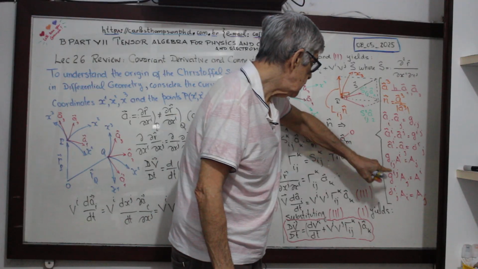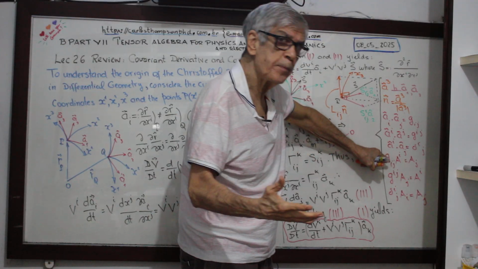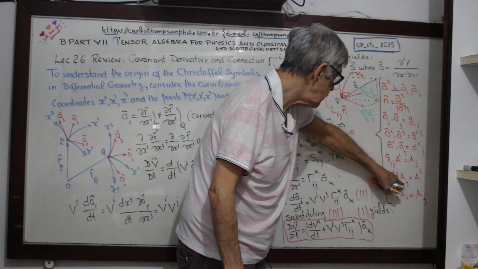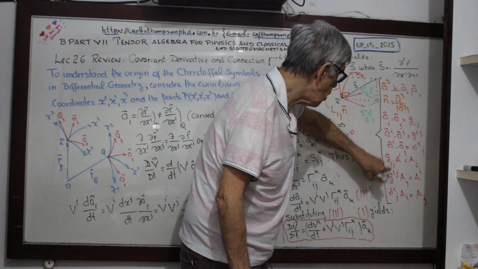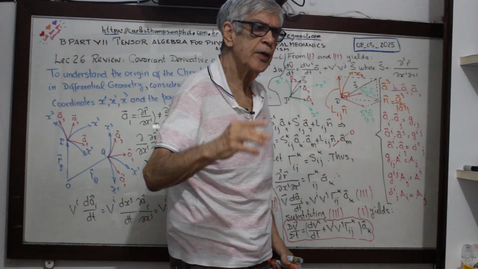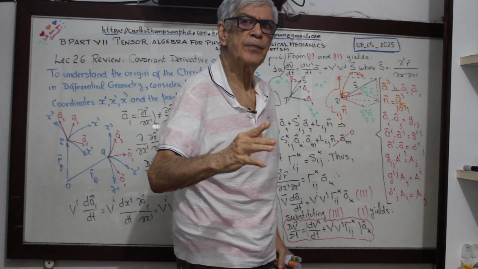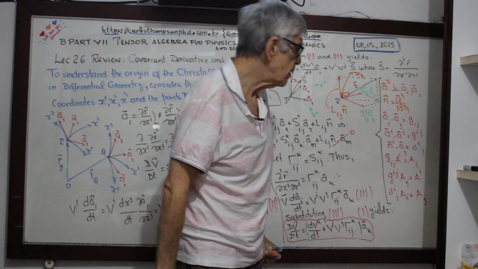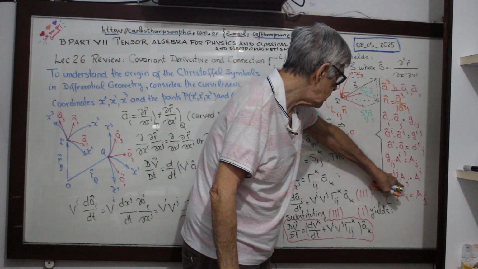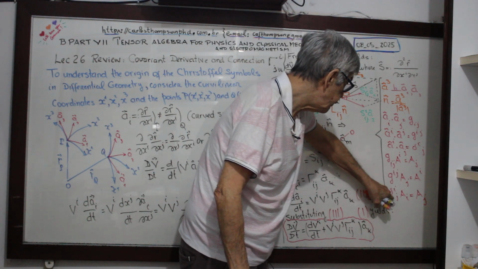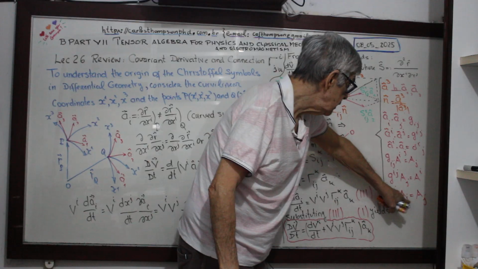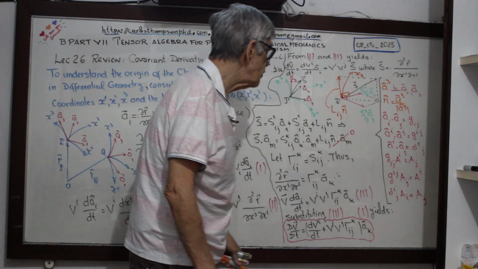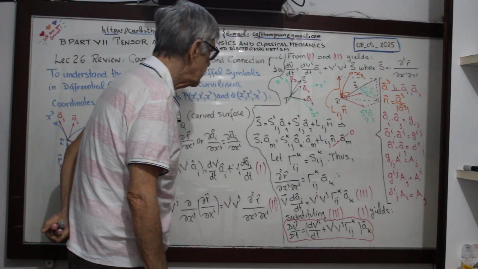Now, again, g^ij A_j is A^i. That's a property of g^ij, which I demonstrated previously in parts 1, 2, 3. Now, g^ij A_i, and delta^i_j A_i is A_j. These are the properties that we derived previously.